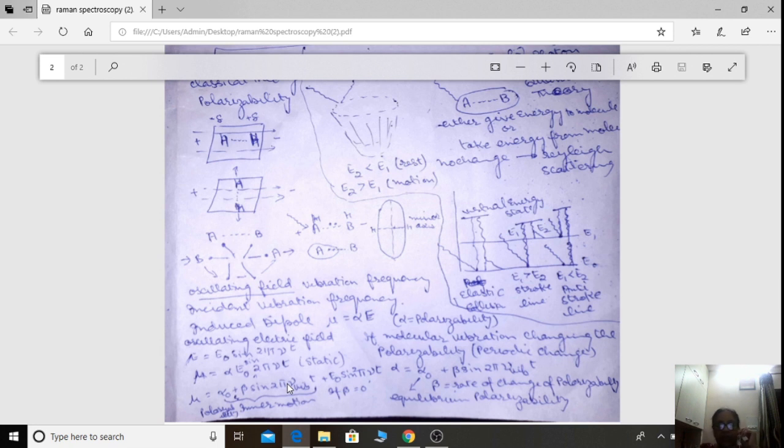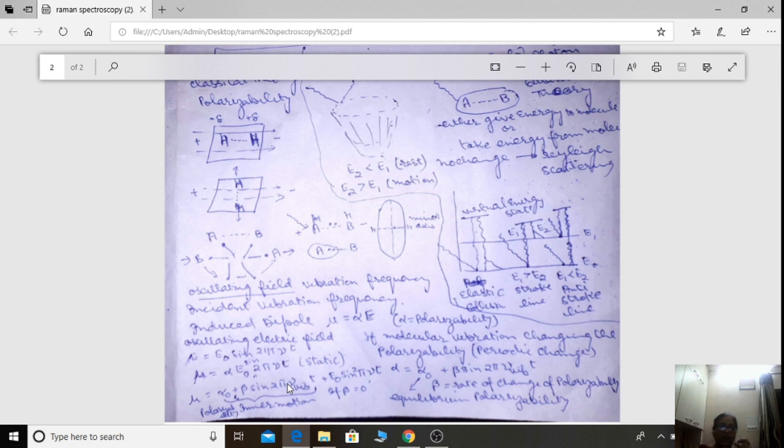Now we take a molecule, simply a molecule AB. Now we will talk about the polarizability, oscillatory field, vibration frequency, incident vibration frequency.